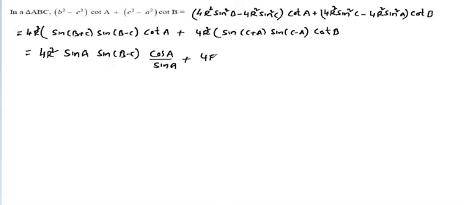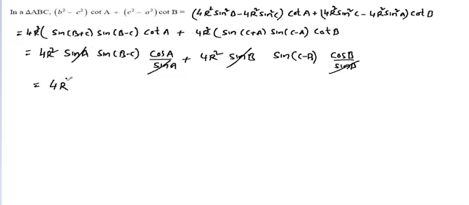plus 4R². Sin(C+A) is sin B into sin(C−A), cot B, that is cos B by sin B. Here sin B cancels, here sin A cancels.